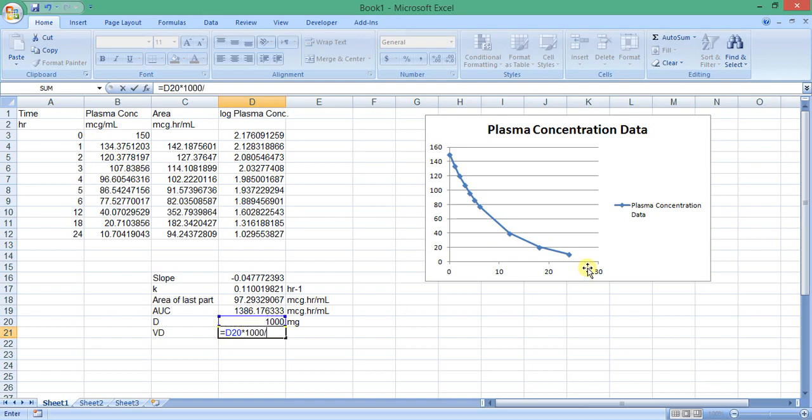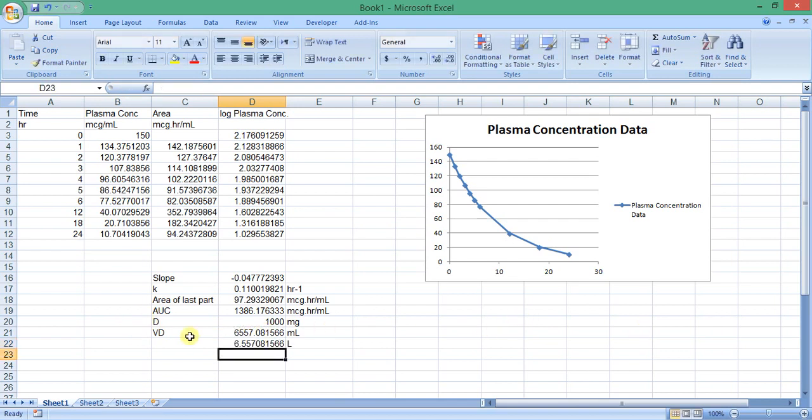That's the dose, divided by the elimination rate constant, the cell D17, and then insert a division sign again and divide by AUC. This is the volume of distribution, and it has the unit of the volume part of the plasma concentration, so milliliter. If we would like to calculate it in liters, we should divide this value by 1000.